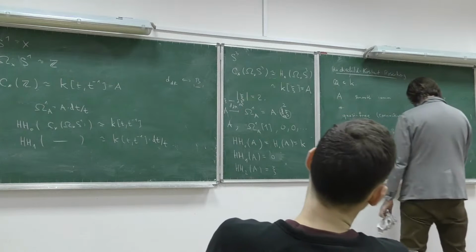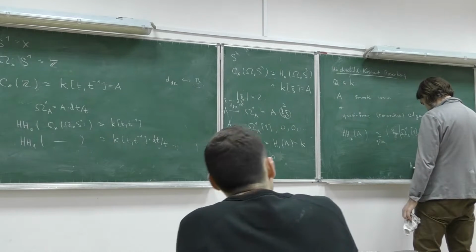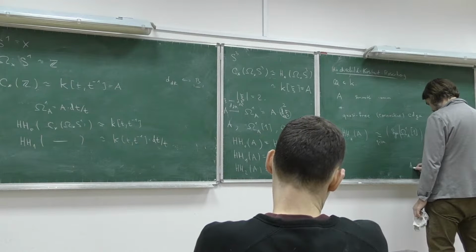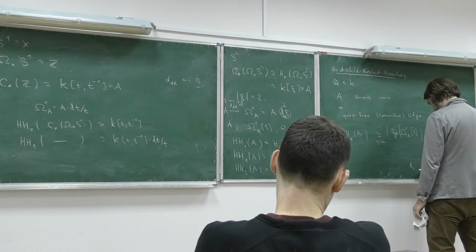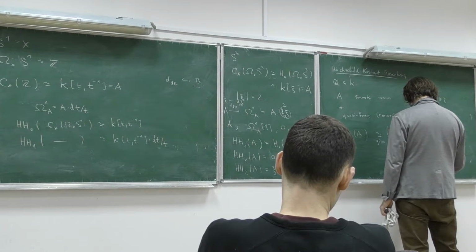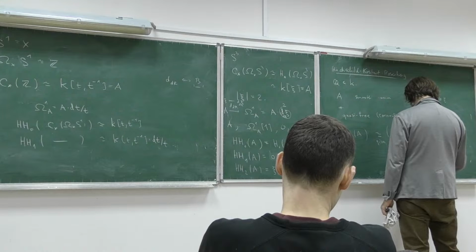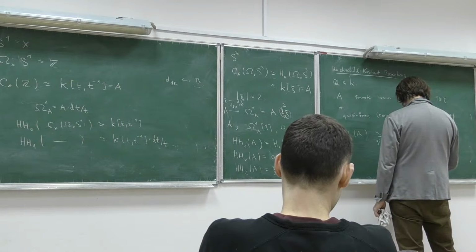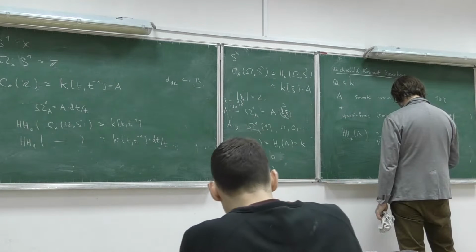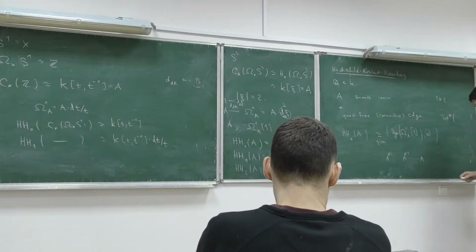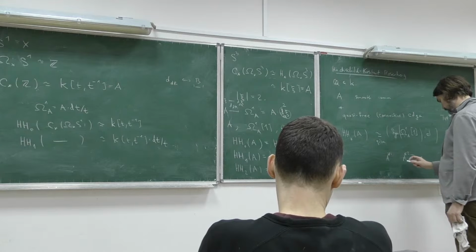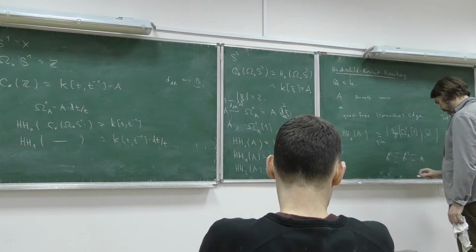So I have my algebra A. What is this double complex going to look like? So the simplicial thing looks like this. I will take the alternating sum of face maps.